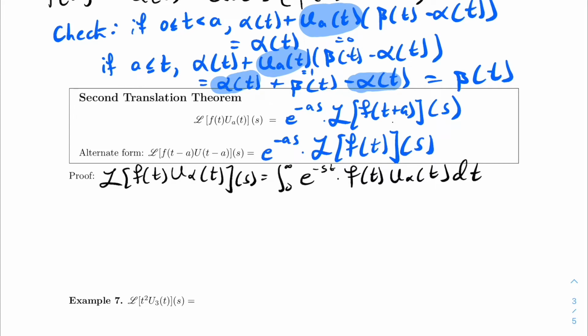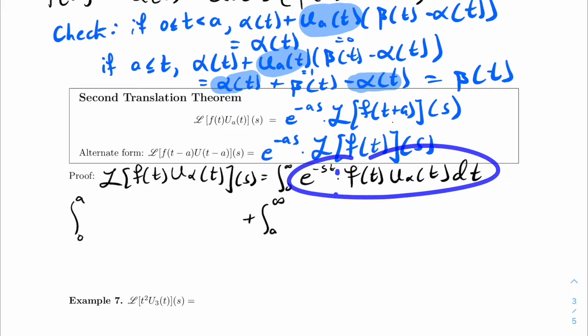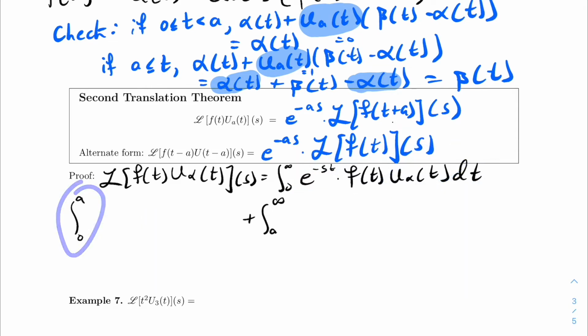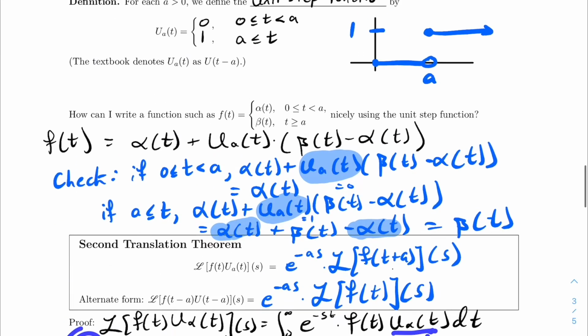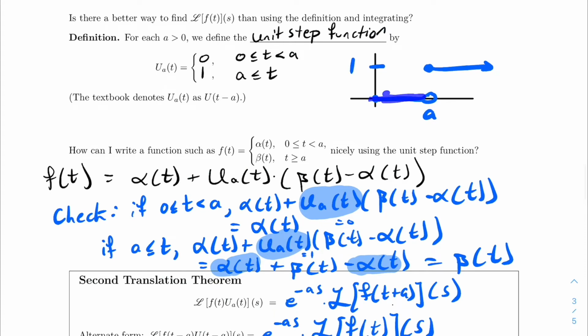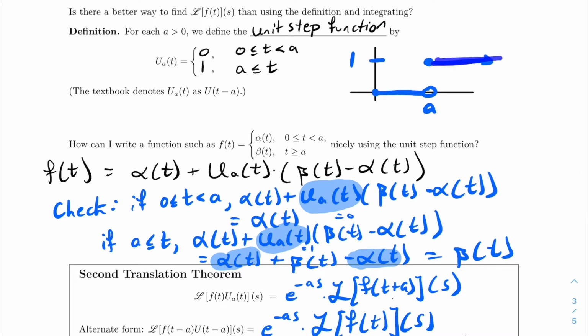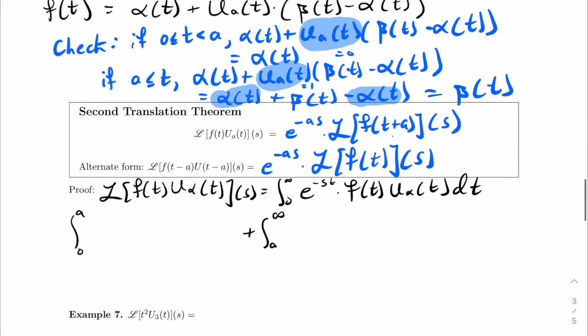So let's split this integral up into the integral from 0 to a plus the integral from a to infinity. We'll copy paste this guy into here and then to here, with the exception being that from 0 to a, the unit step function is just equal to 0, then it's equal to 1 from there on after.